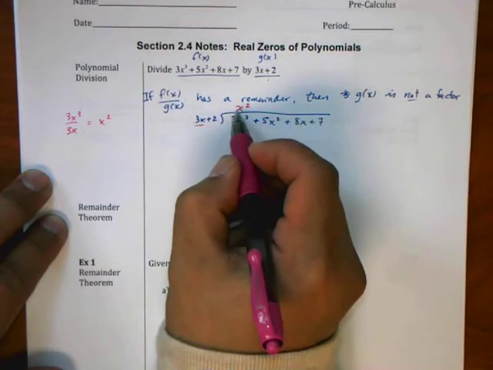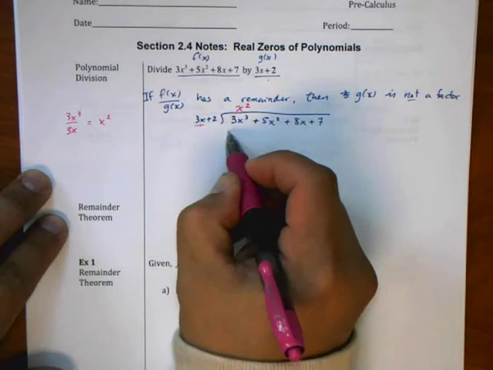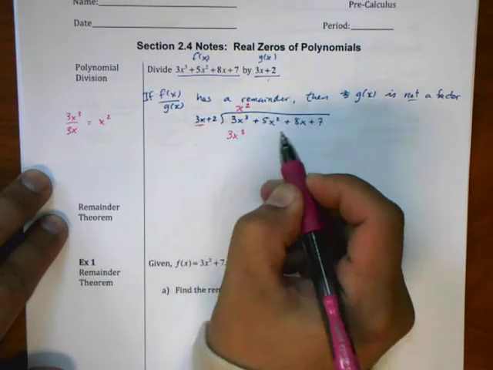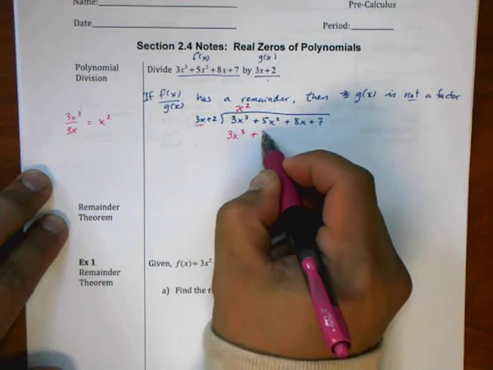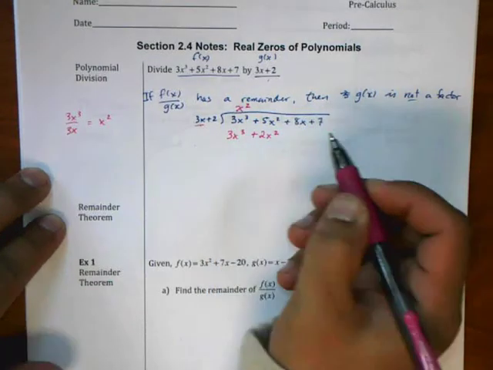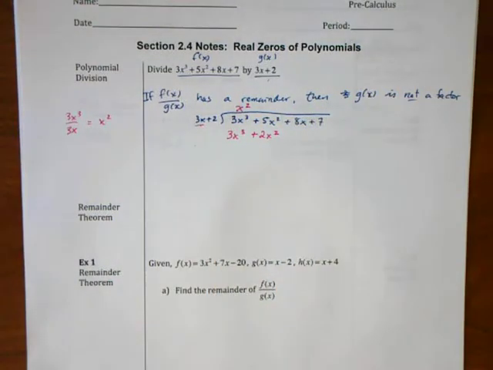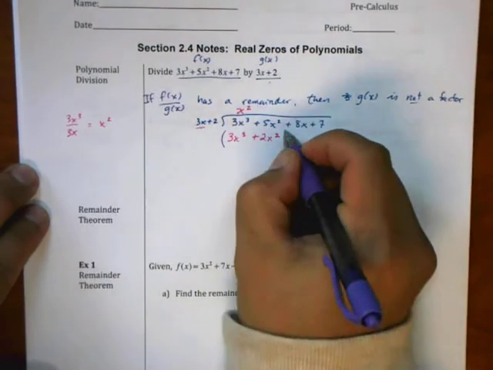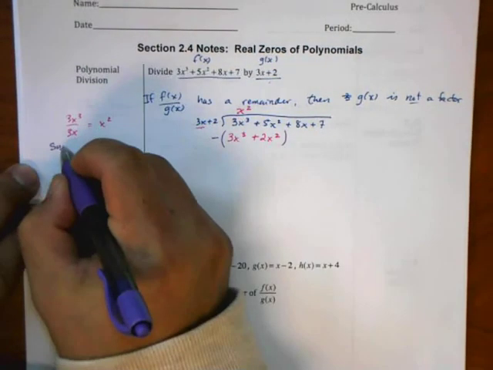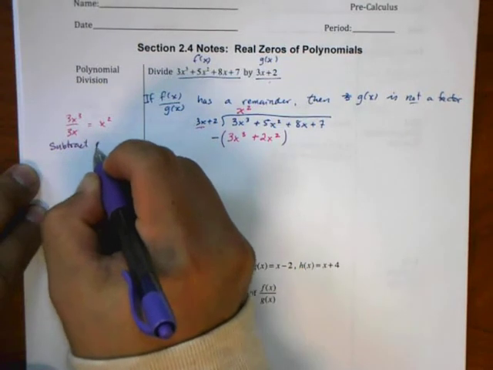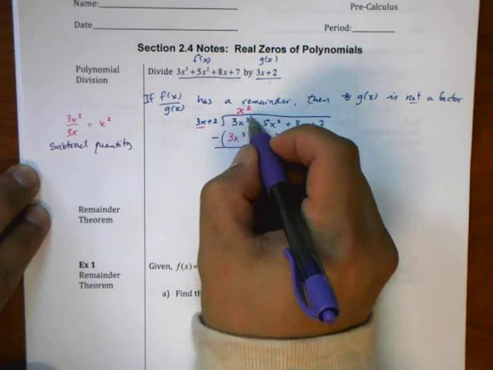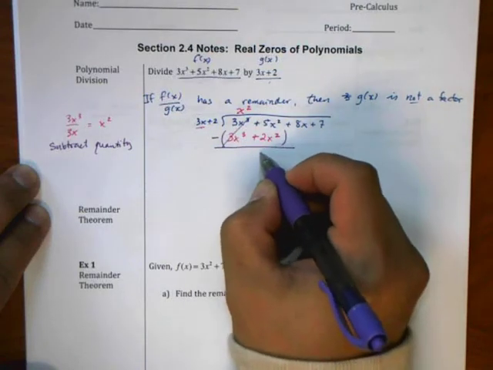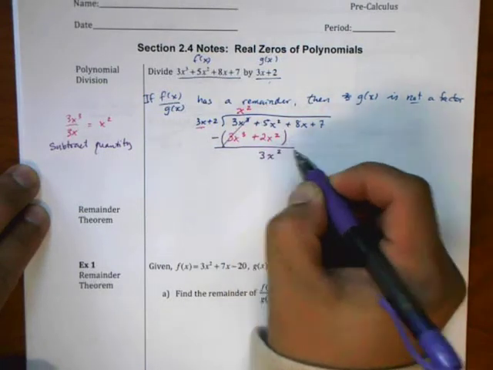Then we multiply x squared times 3x, which gives you 3x to the third, and x squared times 2 gives you 2x squared. Same as the rules of long division, you have to subtract, but be careful here. You have to subtract the quantity. These are gone. Now it gives us 3x squared.